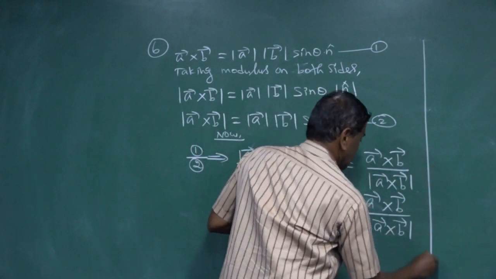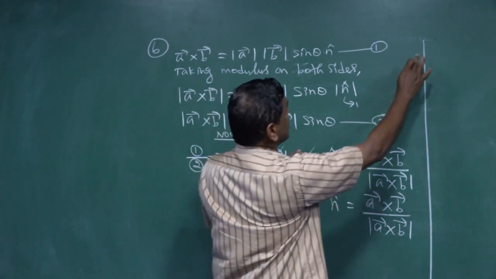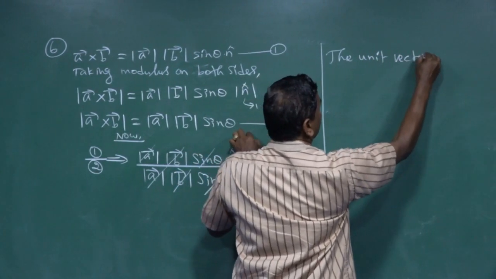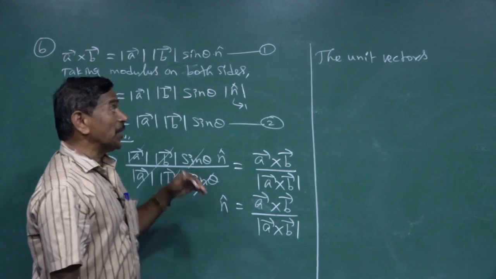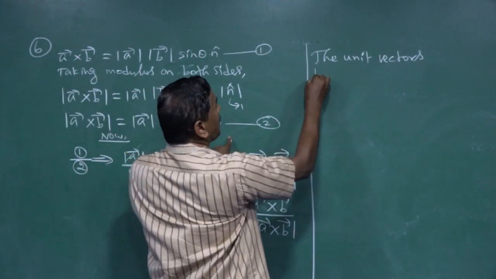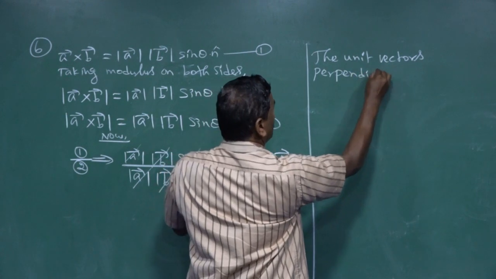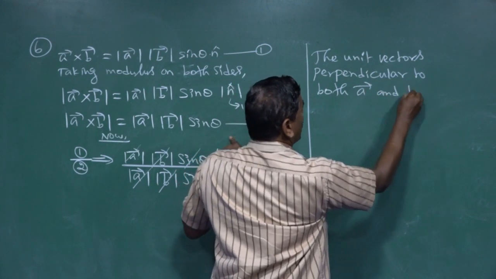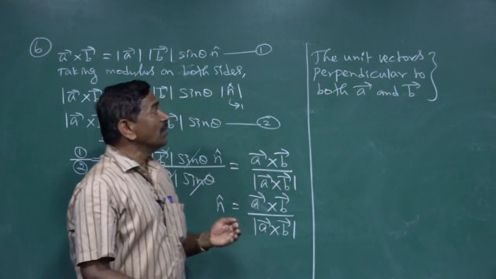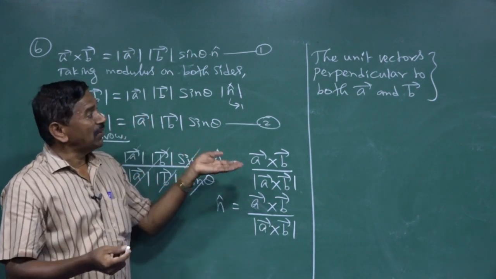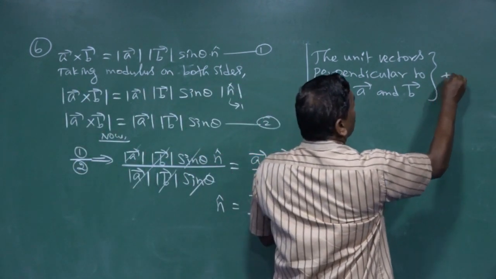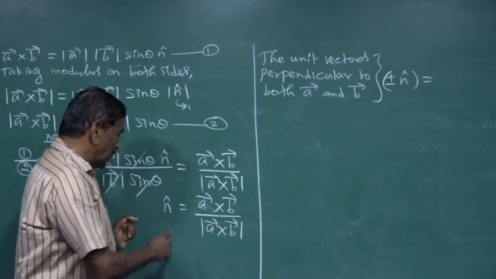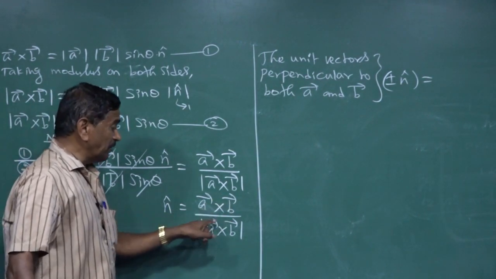Now let us write the question with answer. It is very important. The unit vectors perpendicular to both a vector and b vector are given by the formula plus or minus n cap, which is equal to plus or minus a cross b divided by modulus a cross b.